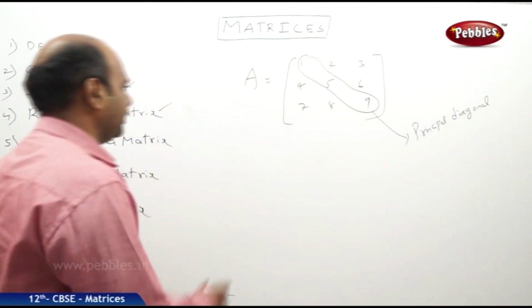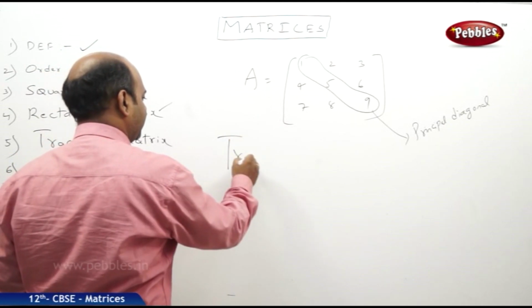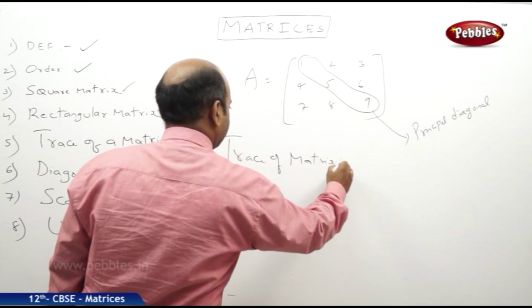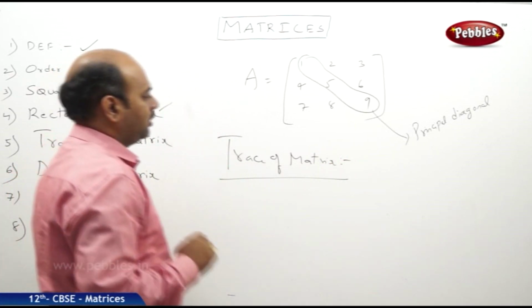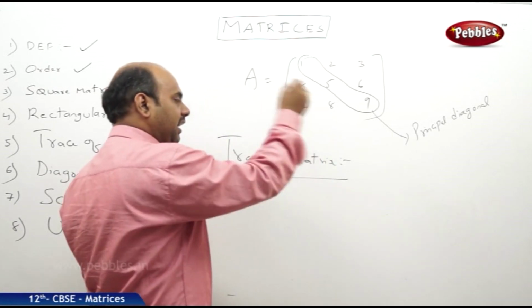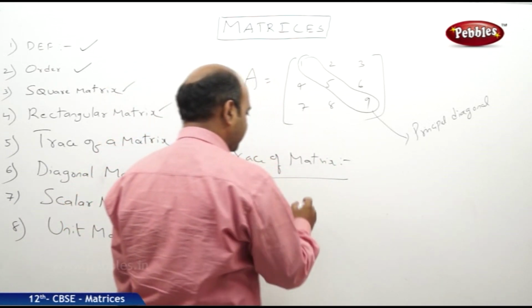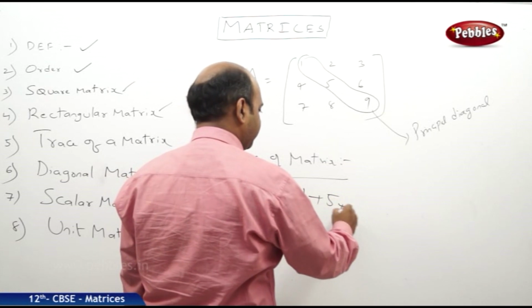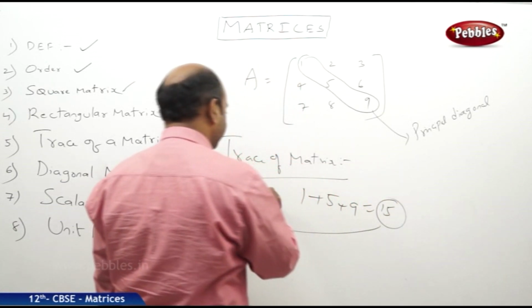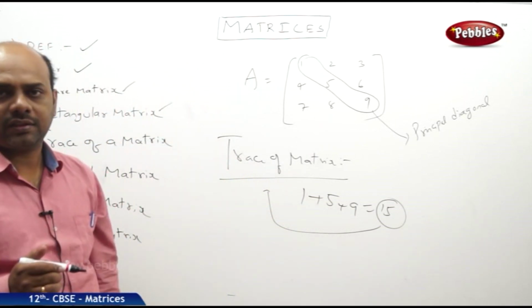How can I define trace of a matrix? If you add all the elements of the principal diagonal, that means 1 plus 5 plus 9, that means 15. This particular 15 we call the trace of a matrix.